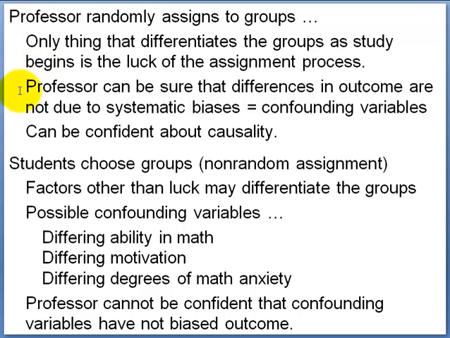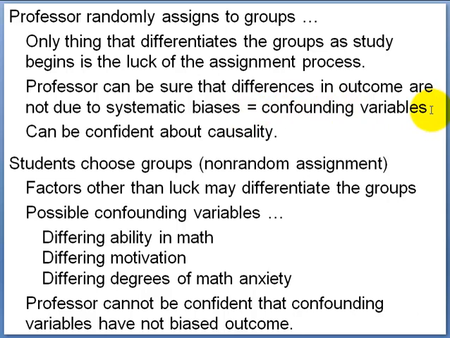If the professor has used random assignment, the professor can be sure that differences in outcome, in other words, differences in mean final exam scores in the two groups, aren't due to systematic bias, which is to say, to confounding variables.